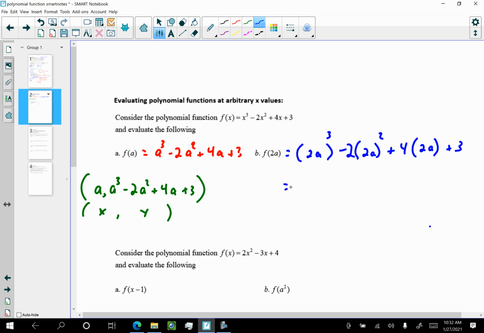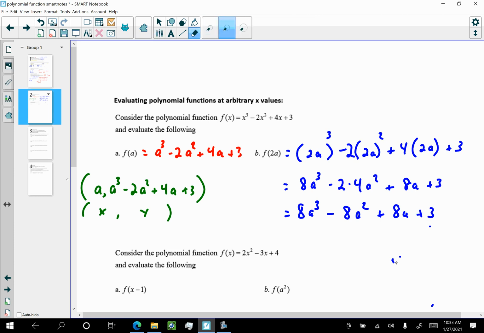Now I'm going to evaluate that. Laws of exponents. These are easy laws of exponent problems, by the way. 2 cubed is 8, so 8a cubed. This is negative 2 times 4a squared. We're going to simplify that even more. 4 times 2a is 8a, plus 3. I have one more step here. 8a cubed minus 8a squared plus 8a plus 3.